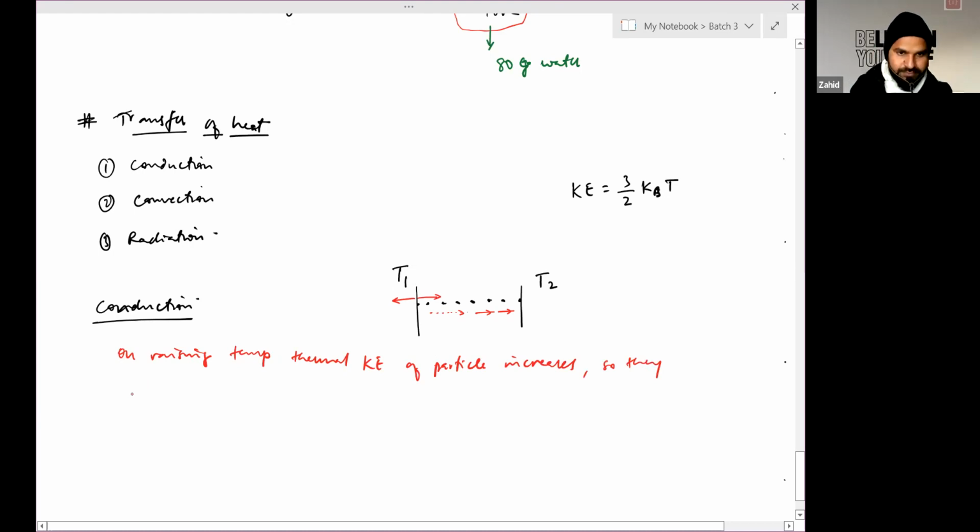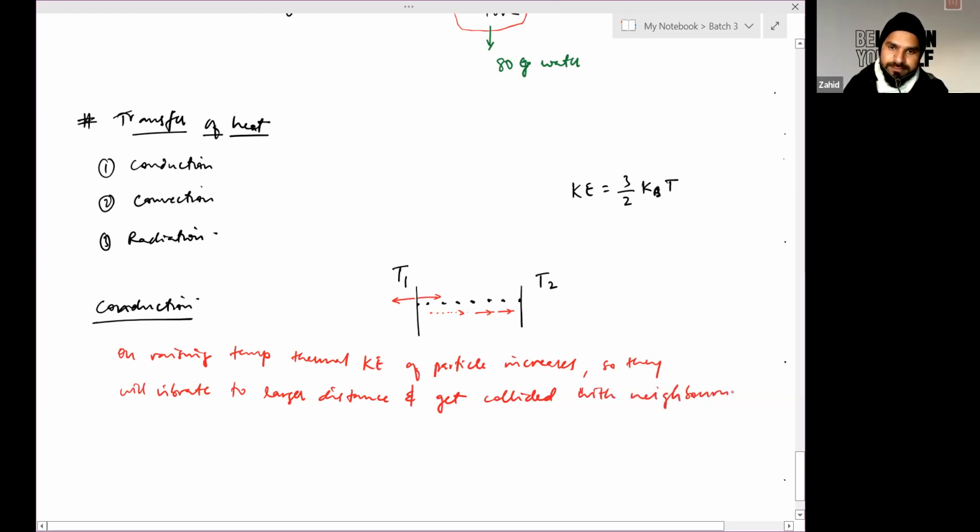So they will vibrate to larger distance and get collided with neighboring particles, and hence transfer some of their energy.